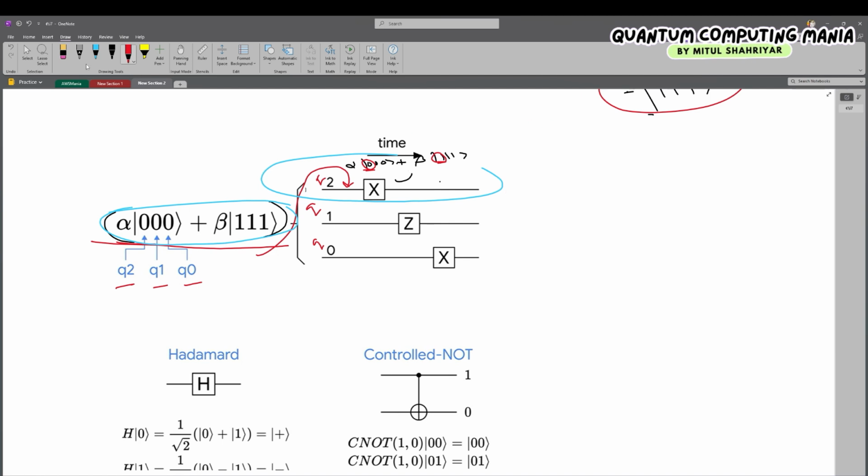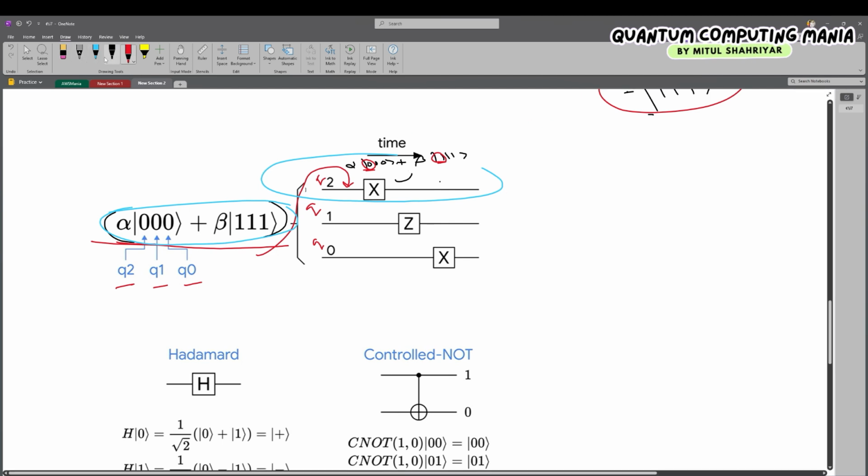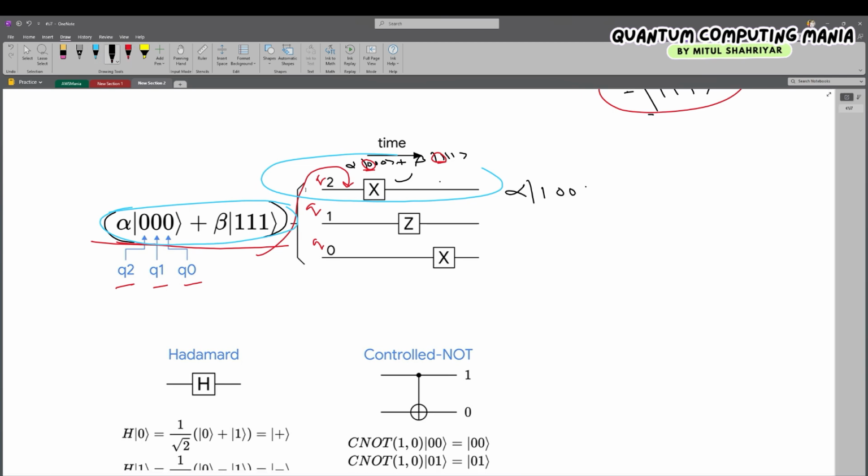As we have 0 0 1, it should be 1 0 0 and plus beta, it should be 0 1 1. Great. This is what we are supposed to get, right?